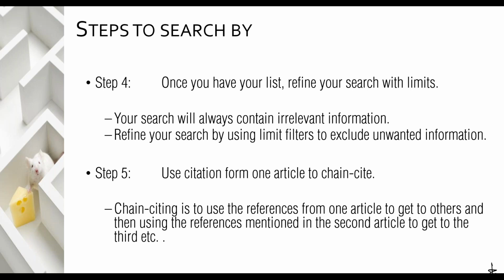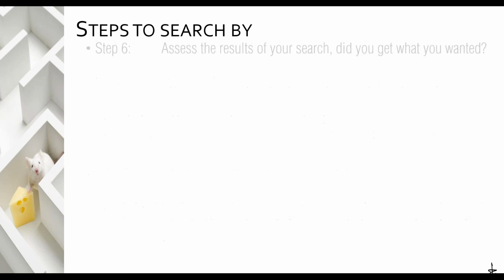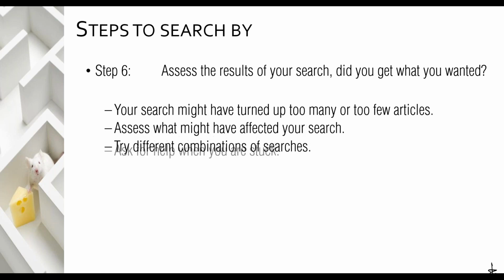This is called chain citing. I go from one article and look at its references, and if I like something in the references, I bring that article and look at its references, and so on. All of this is simply to get me the best and most comprehensive evidence regarding my topic.